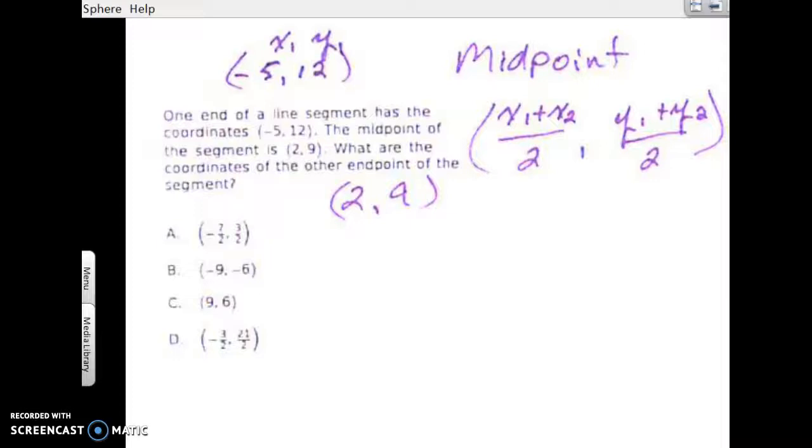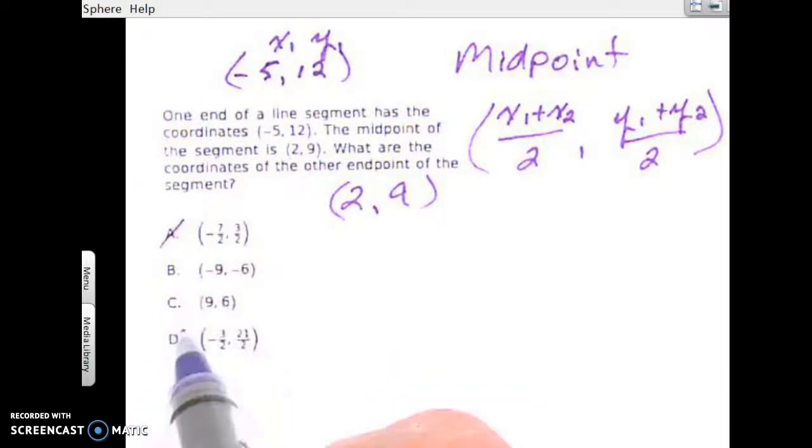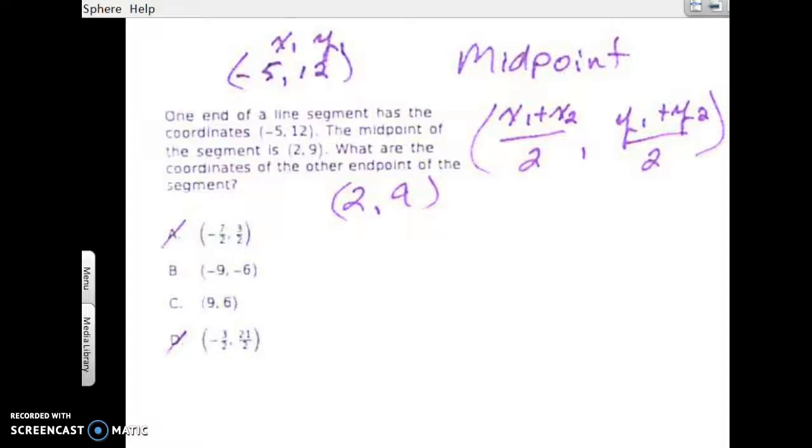If I'm looking at my answer choices, I want to add two numbers together, divide by 2, and get a whole number 2. So I probably don't want to add fractions. I would probably eliminate those and take a look at these two answer choices in the middle.